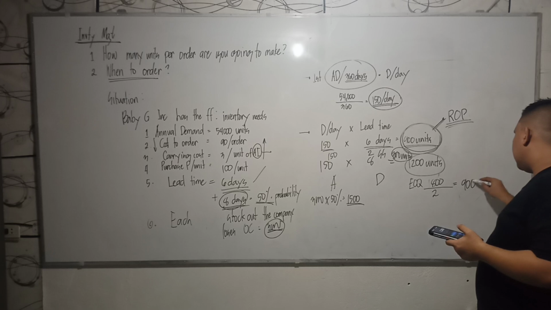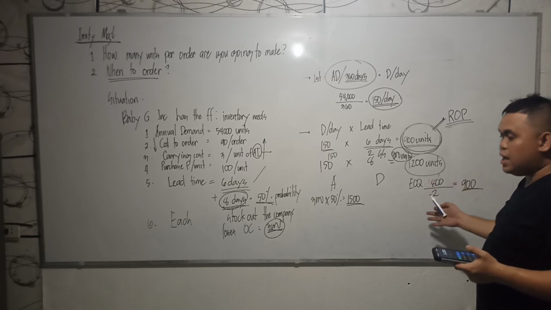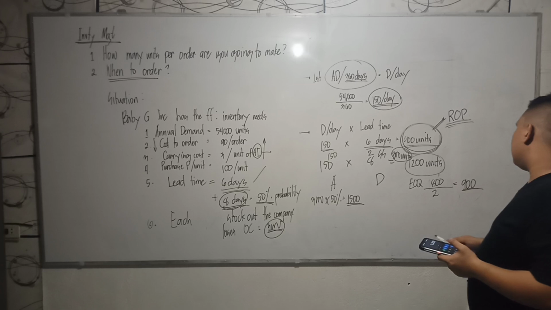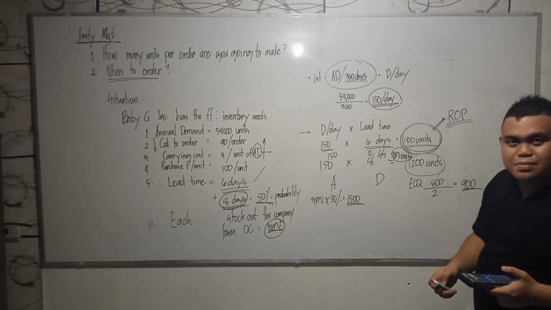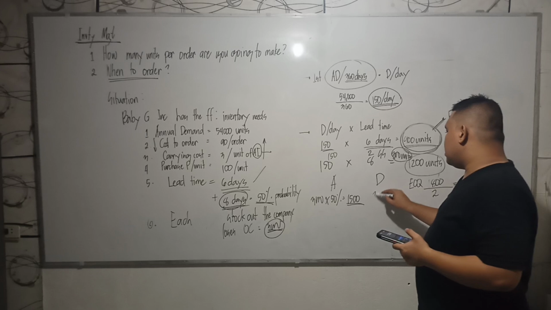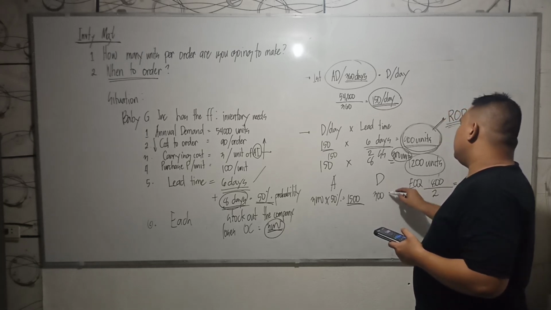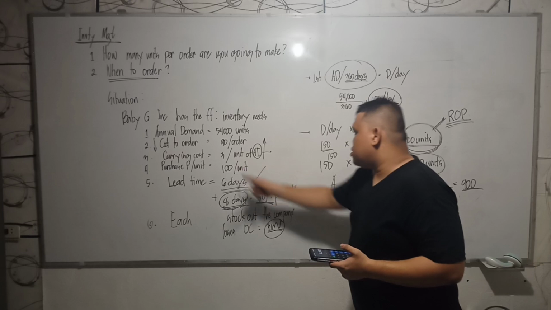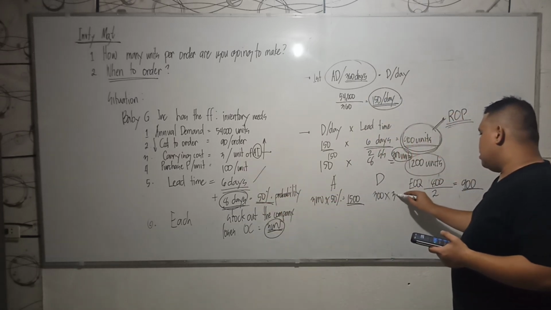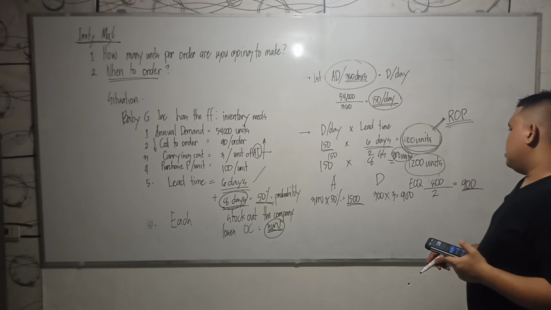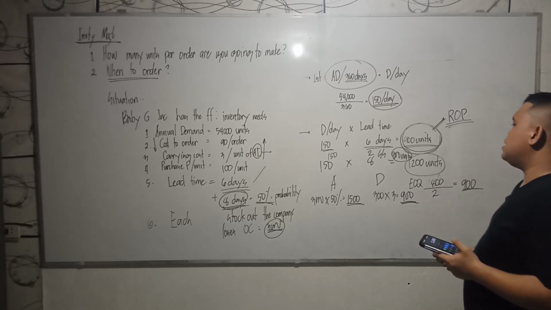We have already 900 units that we are maintaining, right? So this will be added, the 300 units of safety stock. So 300 units safety stock, how much is the carrying cost? The carrying cost is 3 pesos per unit. That is 900.